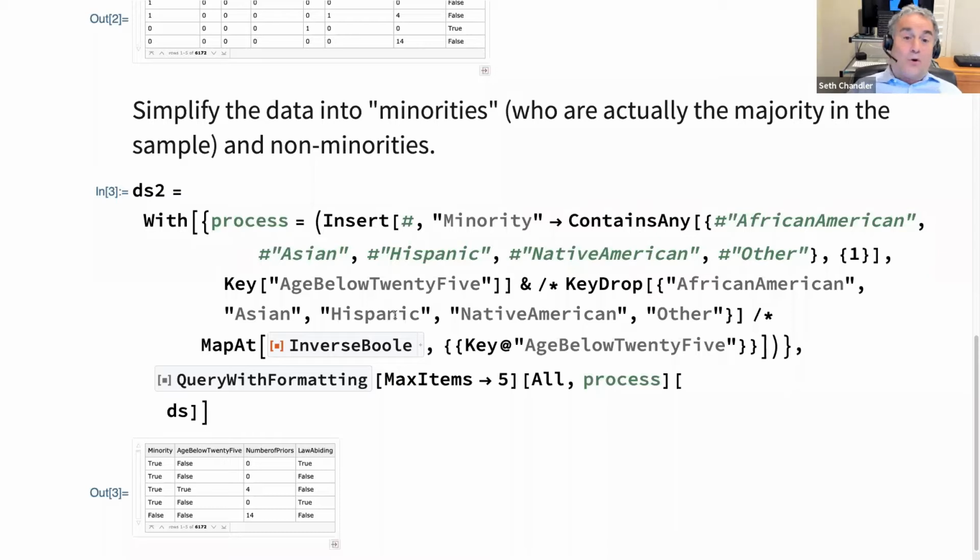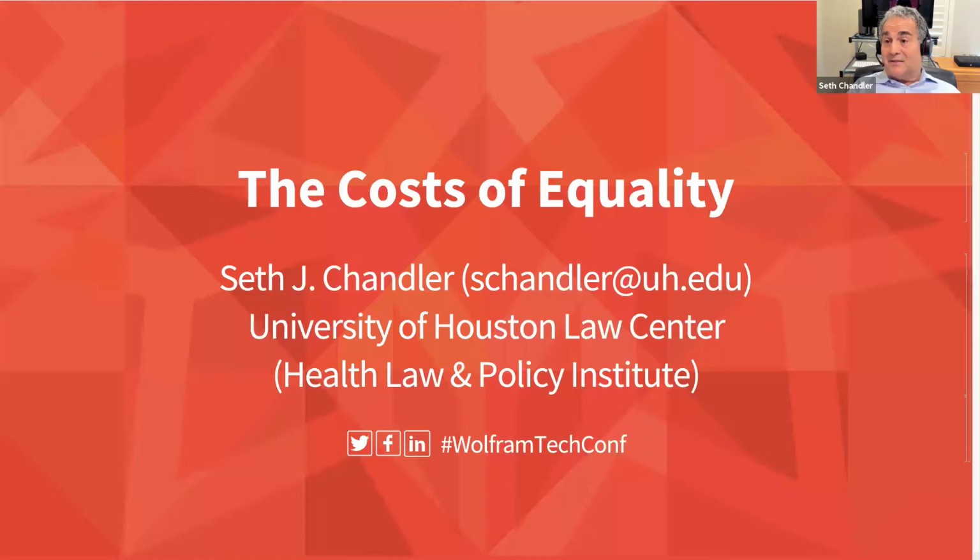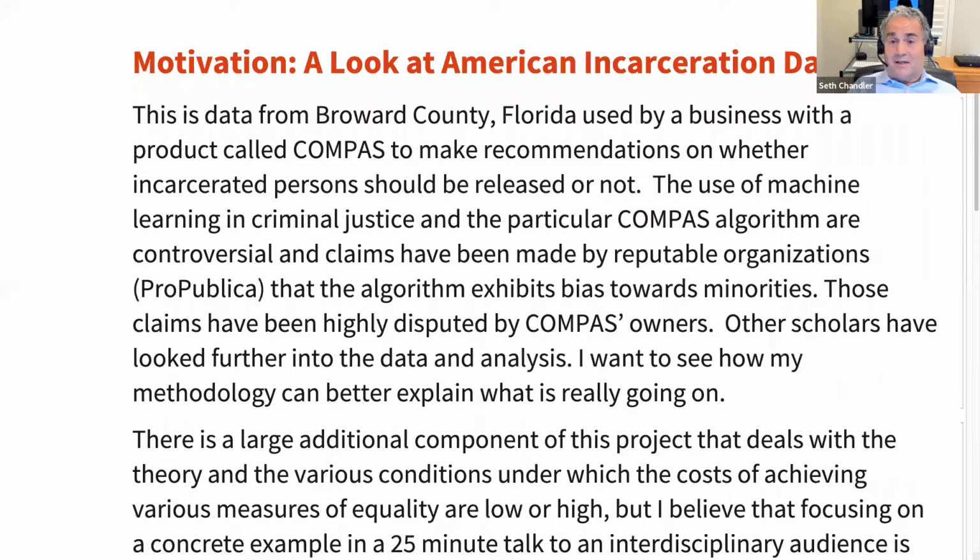However, for the imprisoned population in Broward County, they're actually a majority of that population, but nonetheless, I will refer to them as minorities, and I will refer to everybody else as majority. So we're taking a look at this data here, and we've split it up into majority and minority.